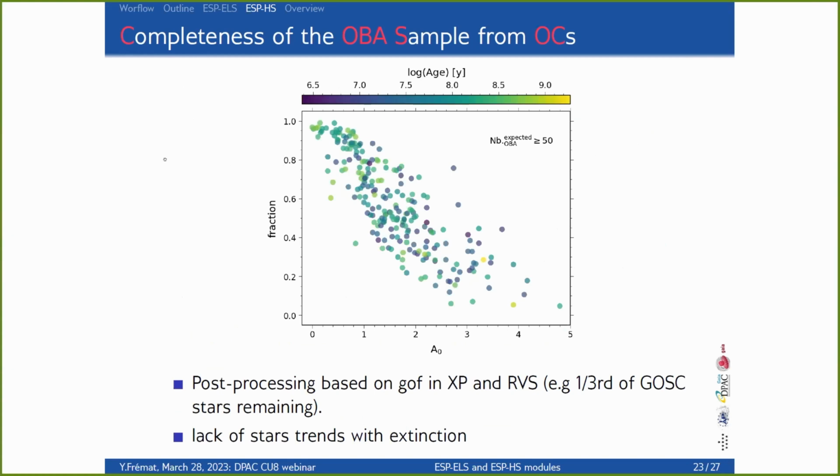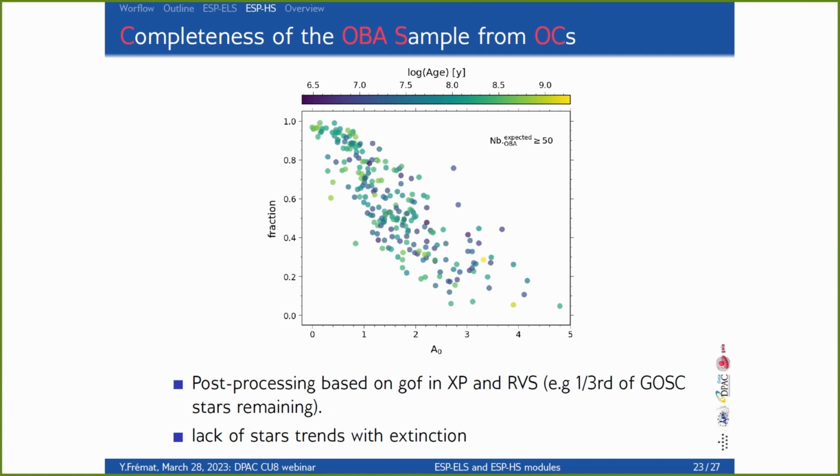Now, one thing is the completeness of the OBA sample for which we have astrophysical parameters. We noted that a lot of these hot stars are missing, and in order to put more emphasis on that, we try to estimate the fraction of detected OBA stars with astrophysical parameters from ESP-HS to the number of expected OBA stars in different open clusters.